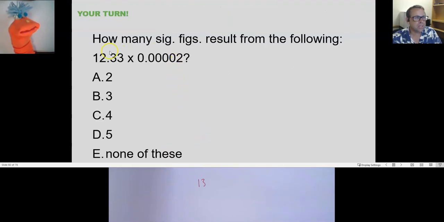All right, so looking at this, I have a multiplication problem. How many significant figures should result from this answer? No, not what the answer is. Let's get my calculator here.